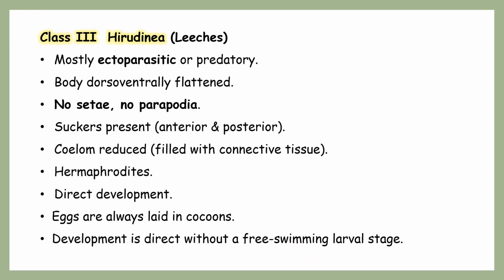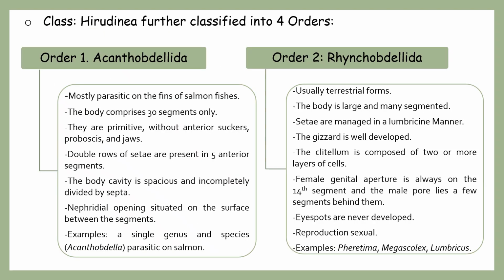This class is also completely hermaphroditic. Development is direct, no larval form is present, and eggs are laid inside the cocoon. So cocoons are formed, and inside that cocoon the eggs are laid. As I told you, there is no larval form, so development is directly from the egg. The young leeches come outside.